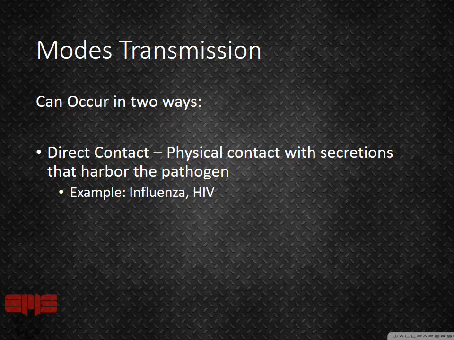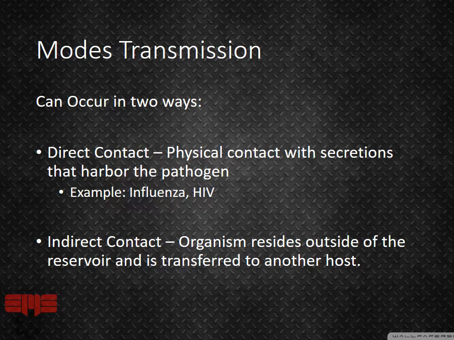Direct contact with the nasal secretions. Someone sneezes into their hand that has influenza. They touch our hands, and then we touch our face, and we could potentially get infected with influenza. Direct contact, like sexual contact with HIV or sharing needles, that would be direct contact.